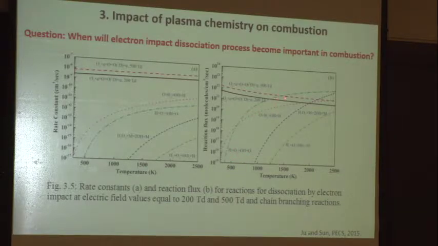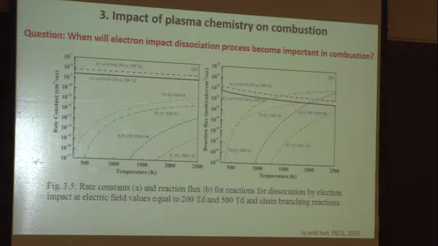If you're looking here at 1500 Kelvin, they're almost greater or equal to the plasma generated radicals at 500 Townsend, right? So what it says is that at the flame extinction conditions at 1500 Kelvin, the radical production rate by plasma is equal or less than the chain branching reaction by combustion itself.